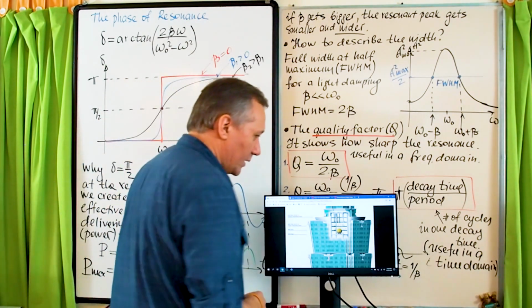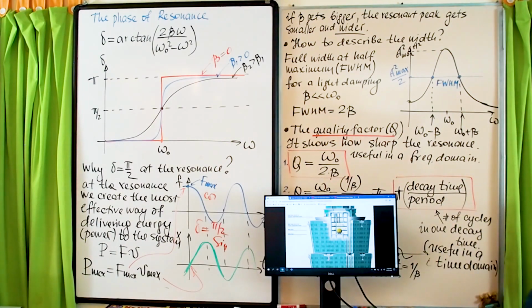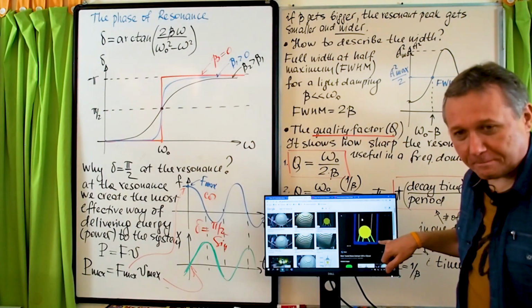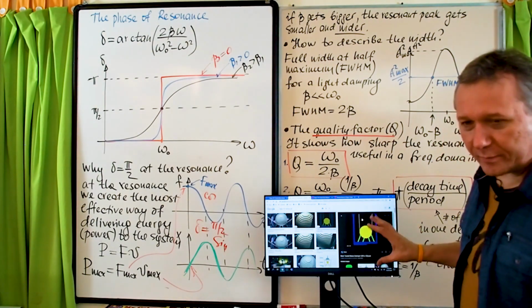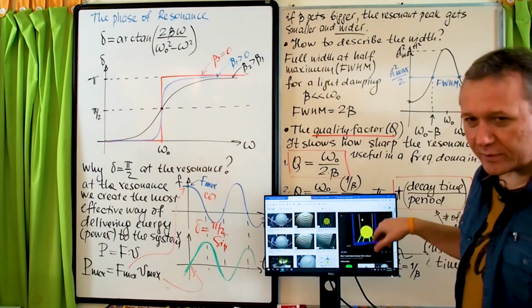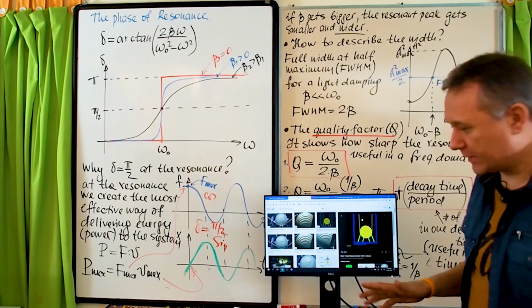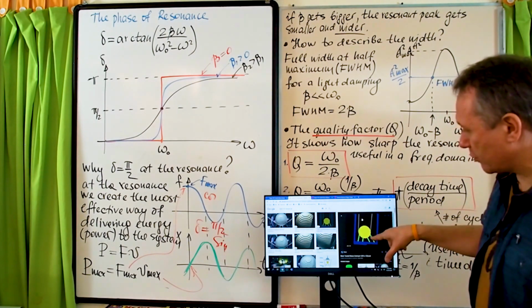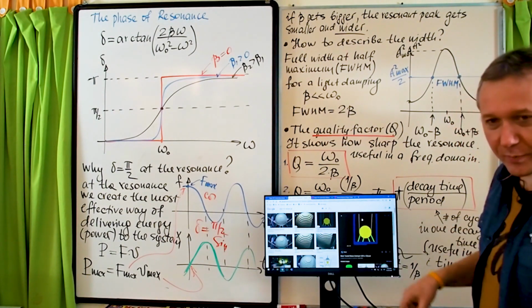So if the building tries to move this way, of course, all those springs will try to resist. Let me show you the cartoon showing this. You see? Whenever I go there directly, the simulation becomes much smaller. So this is the building, and you see the ball hanging on these two ropes, and there are a few springs attached.